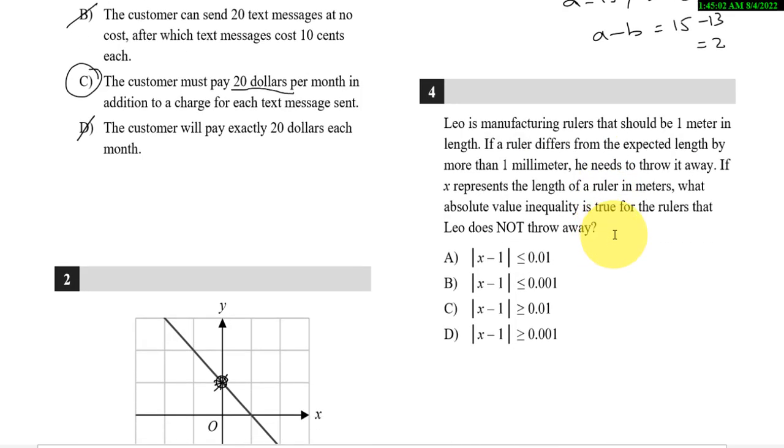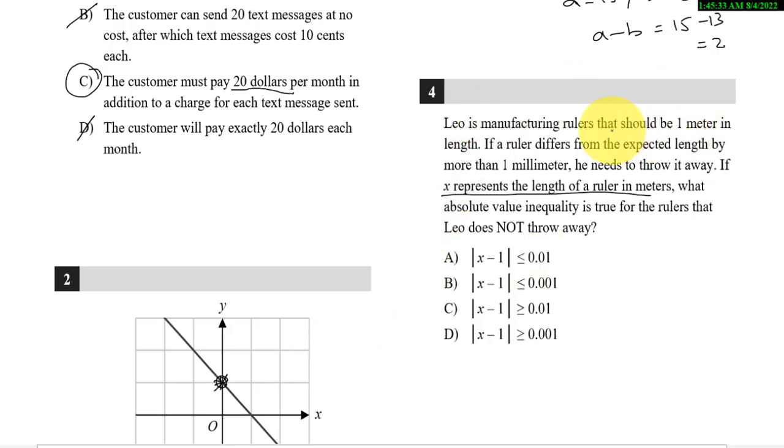Alright, so we go to number 4. It reads, Leo is manufacturing rulers that should be 1 meter in length. If a ruler differs from the expected length by more than 1 millimeter, he needs to throw it away. So if x represents the length of the rulers in meters, what absolute value inequality is true for the rulers that Leo does not throw away?